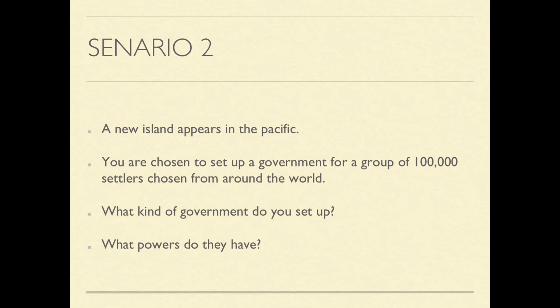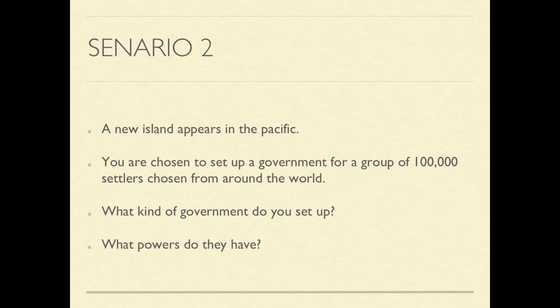We wouldn't see as many from the U.S. or as many from Europe. And so we'd see cultures that might have a very different view of what a government should do. So if we set up a democracy, we have to be ready for the idea that the democracy will look nothing like what we as Americans might expect the government to look like.